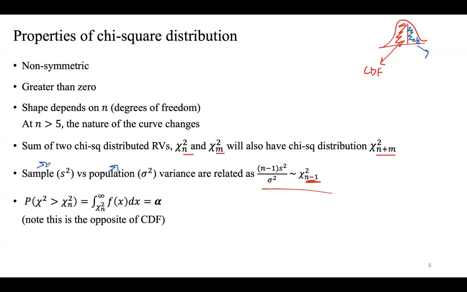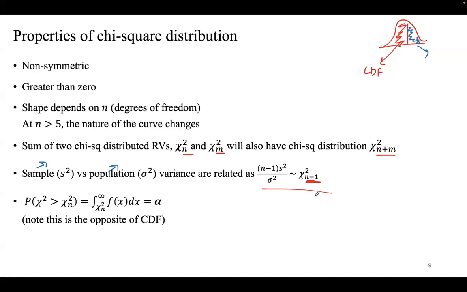Anyway, that's a discussion for some other time. But what you can see here is that variances are also random variables, right? So sample variance divided by population variance, times n minus 1, is also a random variable and also follows a chi-square distribution. It's just that now this chi-square has degrees of freedom n minus 1.